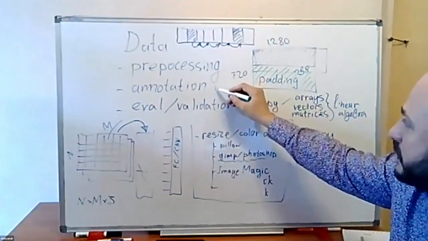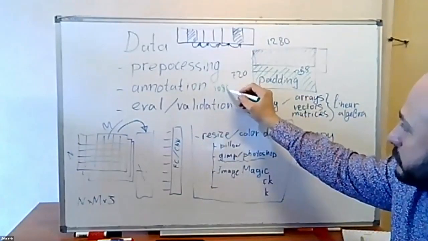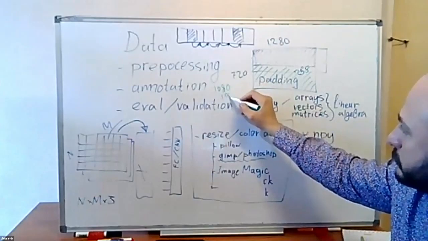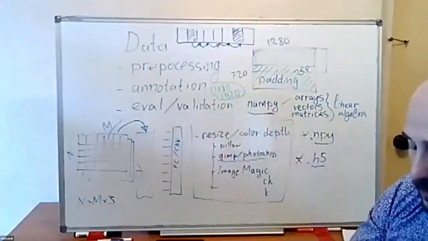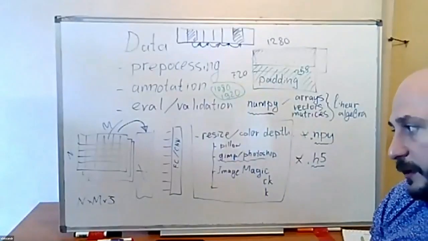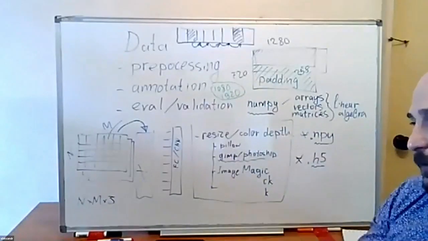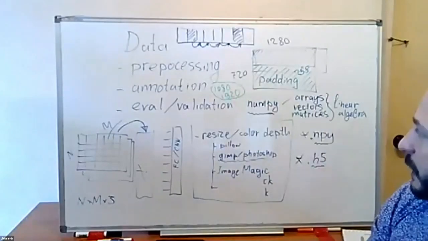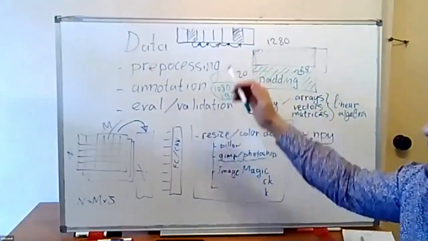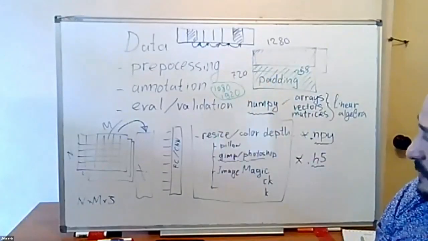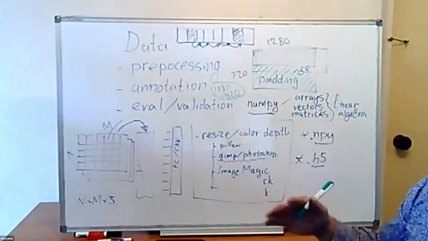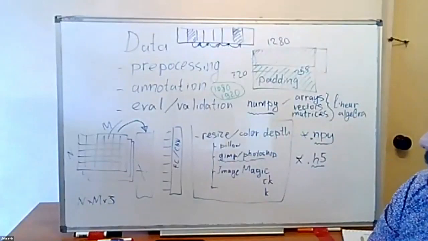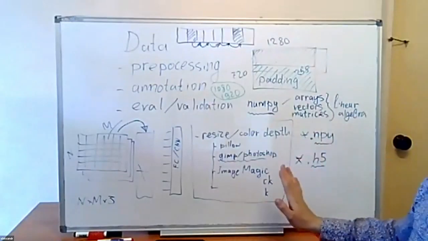Full HD is like this resolution, but for photos it can be much larger. So sometimes each frame from the video could be not as big as a regular photo. So this is about pre-processing.